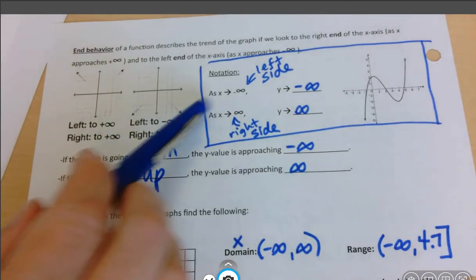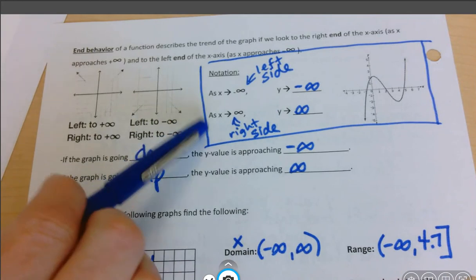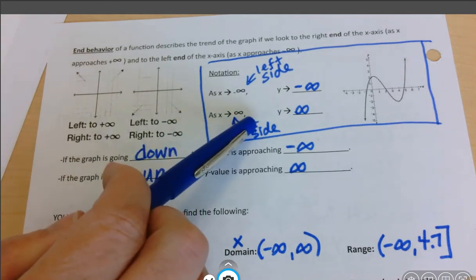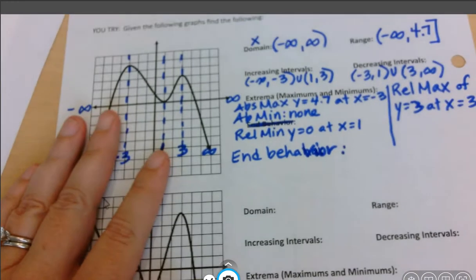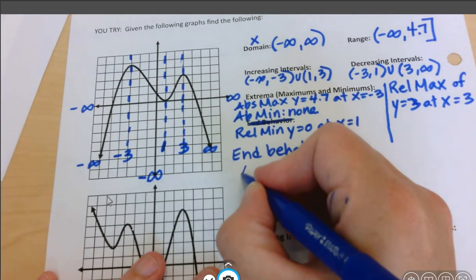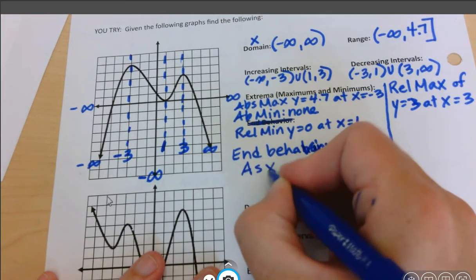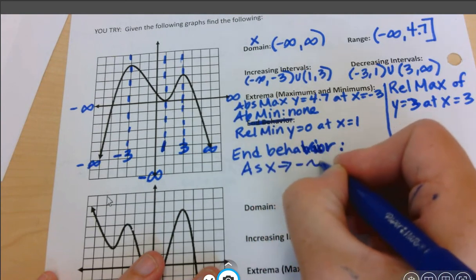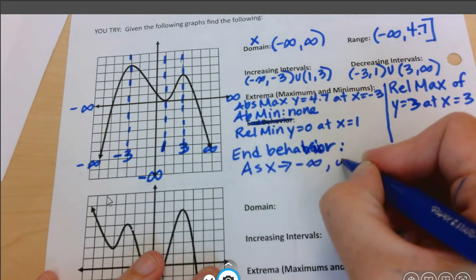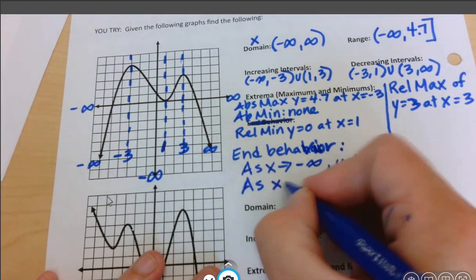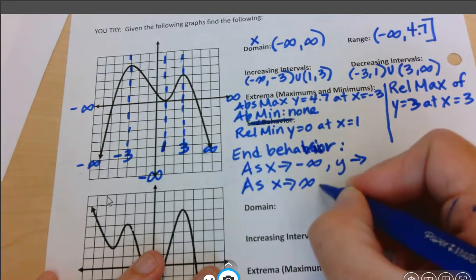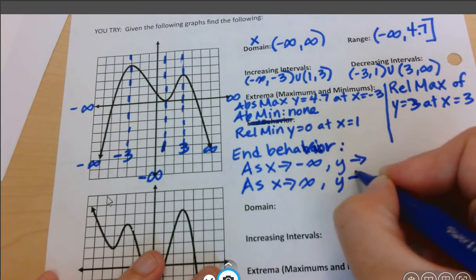It always starts like this: as x approaches negative infinity, as x approaches positive infinity, and then we have to fill out the y part. So I'm just going to fill that out without knowing anything about my end behavior yet. As x goes to negative infinity, that's the left side. What's the y going to do? As x goes to positive infinity, what's the y going to do?